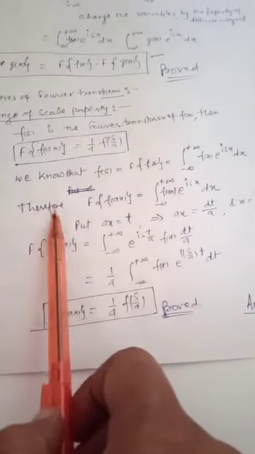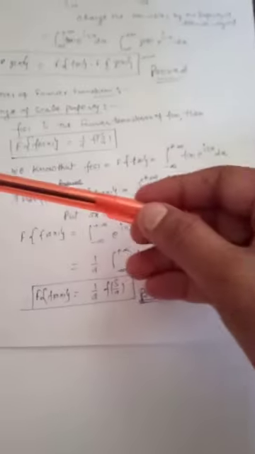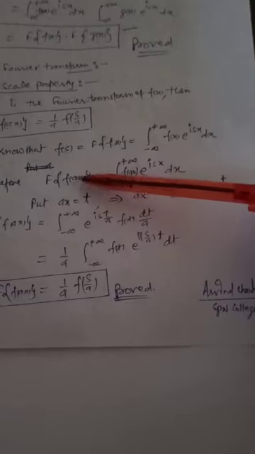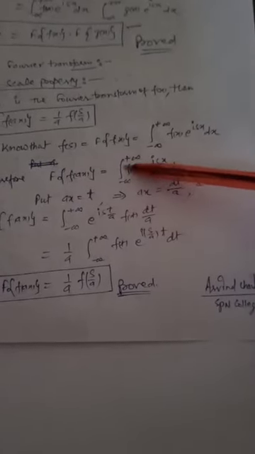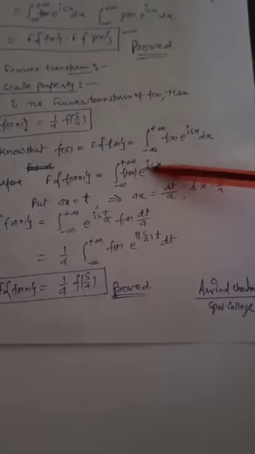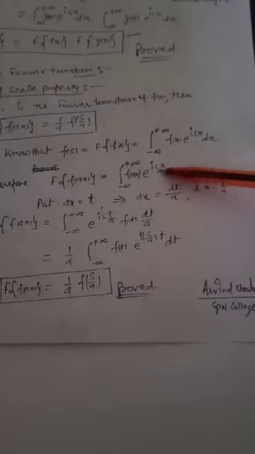Okay, therefore in such a way the Fourier transform of f of ax can be written as minus infinity to plus infinity f of ax exponential iota s x dx.